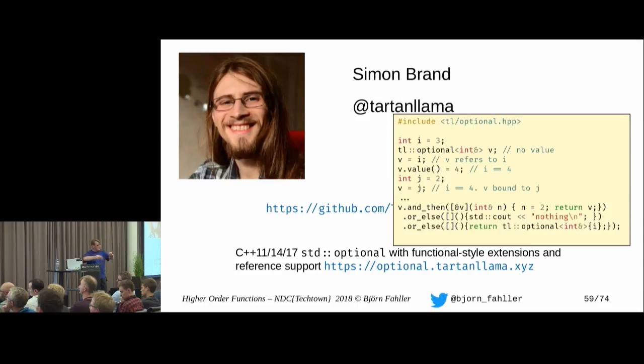So you can change these. And the cool thing with that is that if you have a bunch of and thens, for example, if one in the middle fails, then the ones that follow will not do anything. And you will know at the end that, no, the operation failed. Didn't get what we wanted.